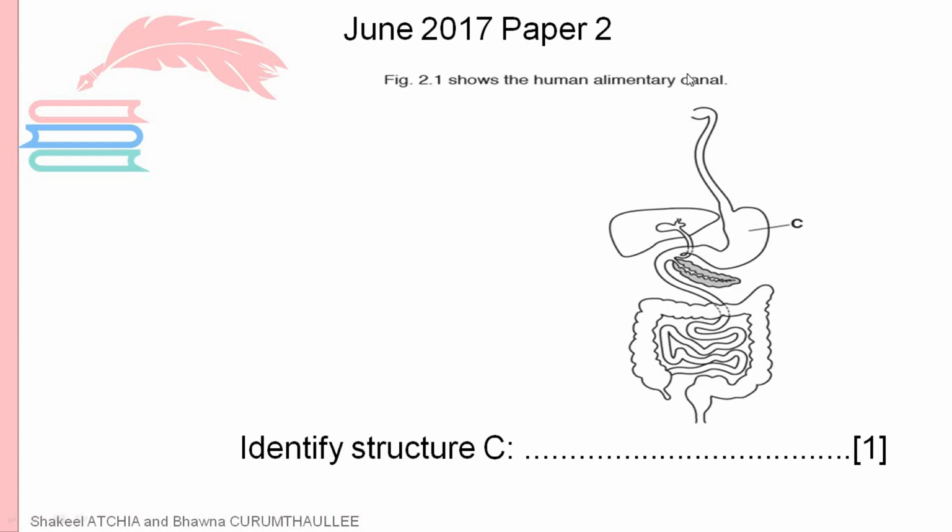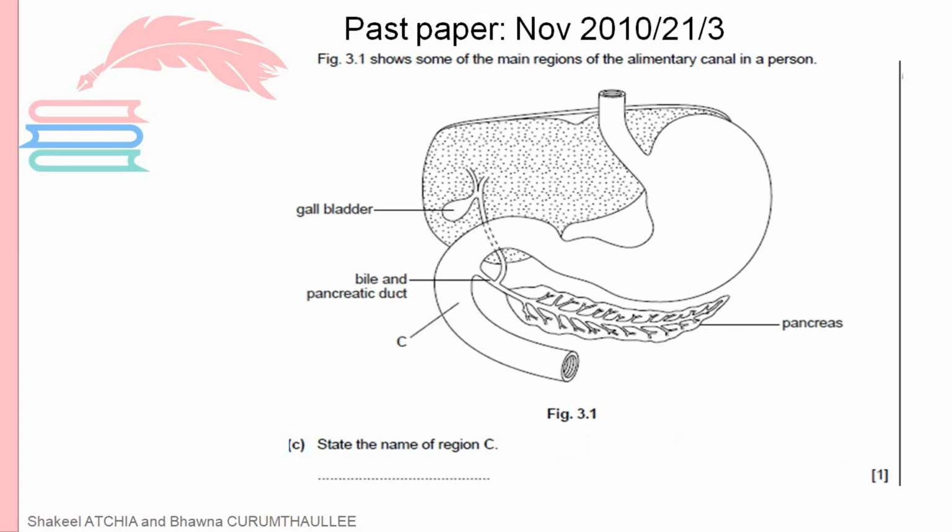This question is taken from a paper 2 from June 2017. So it shows the human alimentary canal. You are asked to identify structure C. C is the stomach. We proceed with the next question, again a paper 2 question from November 2010. So this figure shows some of the main regions of the alimentary canal in a person.